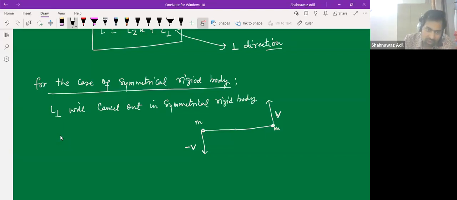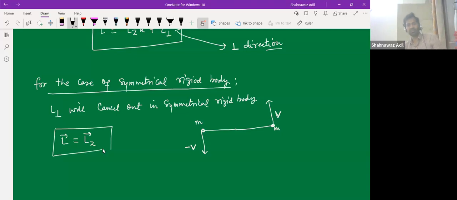So angular momentum is just the contribution of the z component. In a fixed axis of rotation, only the z component will contribute to the angular momentum. The perpendicular component of angular momentum will cancel out. Is that clear, guys?